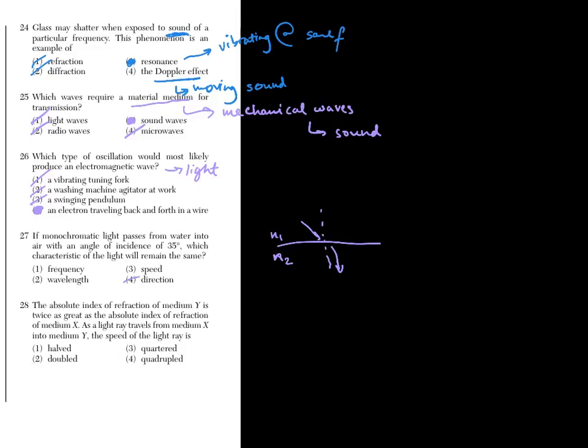The speed also changes. The speed and the wavelength are all dependent on the medium. Frequency is the only one that doesn't change based on the medium. Frequency helps determine the type of wave.